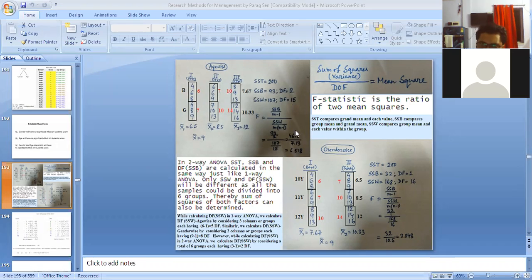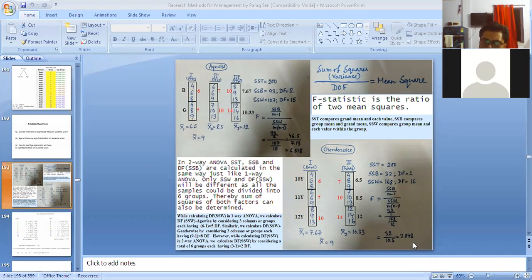You need to compare with a cutoff value and check whether your F statistic value is greater or less than the cutoff. Or simply, if you use software, you will not look at the other things, you will directly look at the p value.